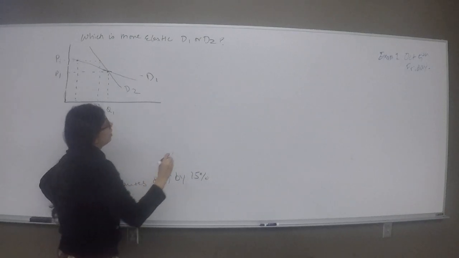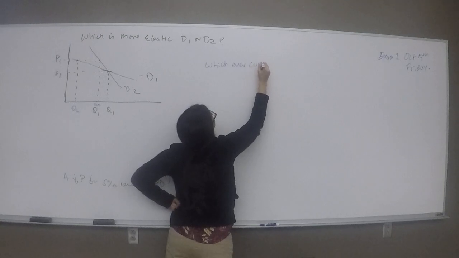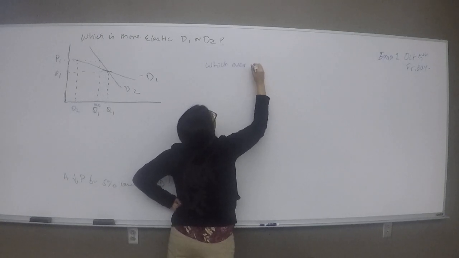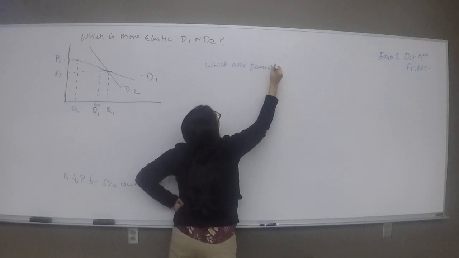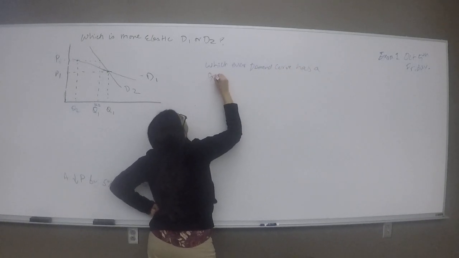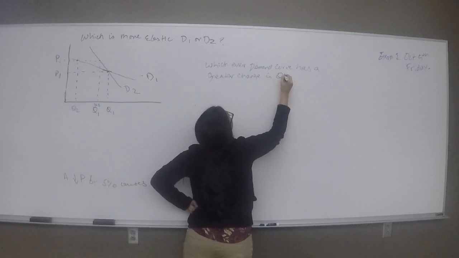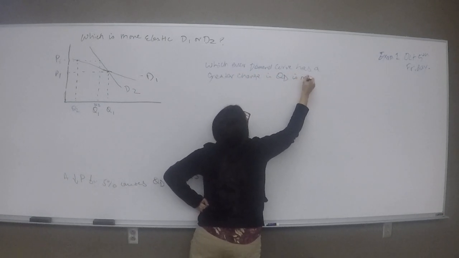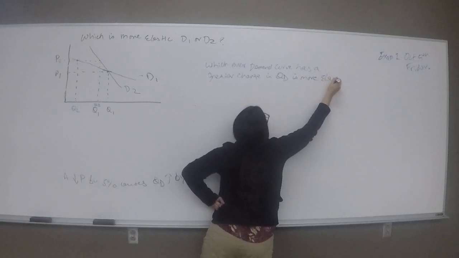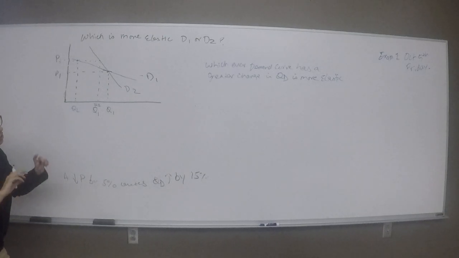Whichever demand curve has a greater change in quantity demand is more elastic. How do you know which curve has a greater change in quantity demand?